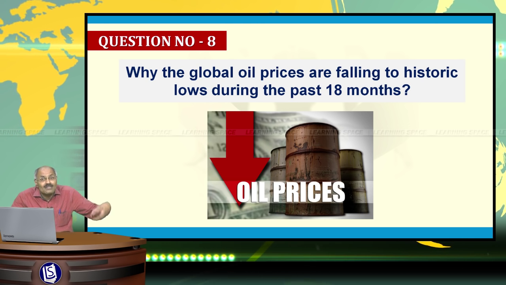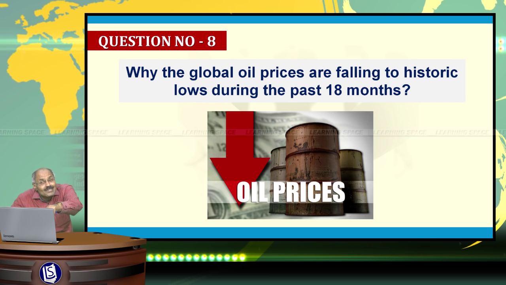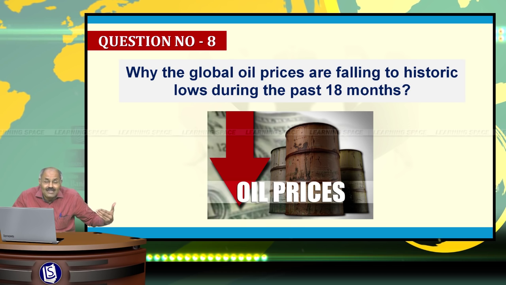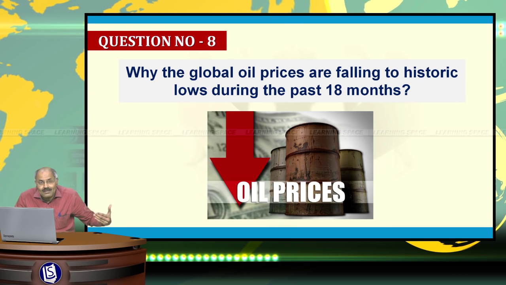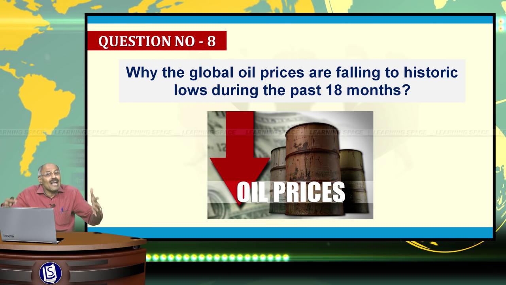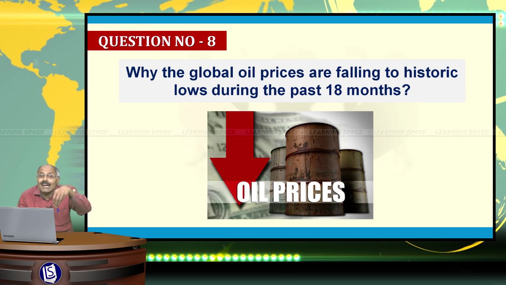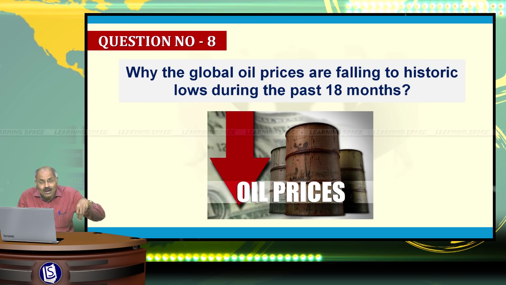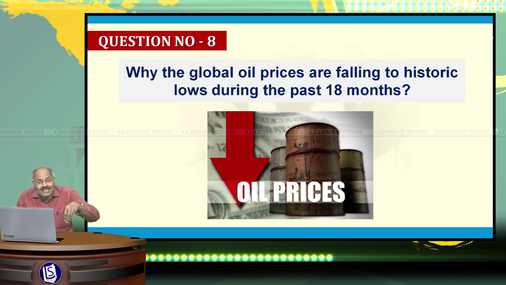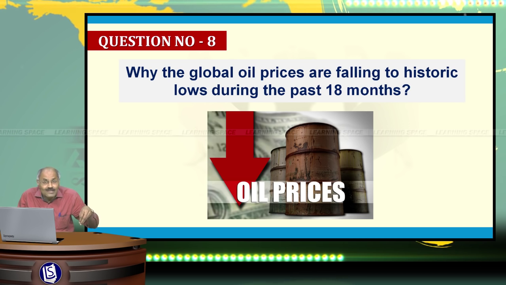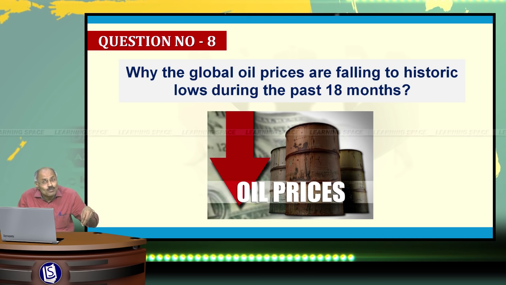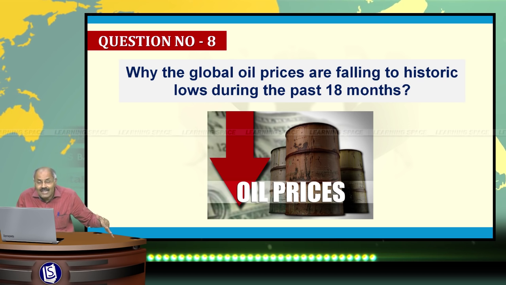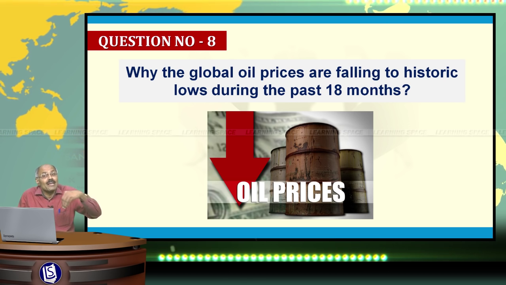With that in view, they allowed the prices to fall to historic low levels of less than $30 per barrel. What you can say is, the situation arose because of the policies adopted by the respective oil producing countries. The Organization of Petroleum Exporting Countries, OPEC, has not reduced the production in spite of a slide in oil prices for the past 18 months. That is the biggest mistake done by OPEC.